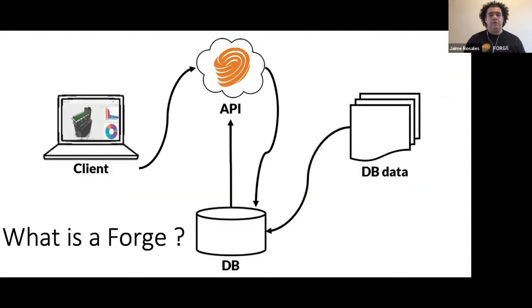In order to get started with this, I'm aware that some of you are not familiar with what Forge is. So let me give you a little bit of background of what Forge is, and then we can move along. Forge is Autodesk's cloud development platform. It is a set of web service APIs to help you build the next generation of cloud-powered applications.